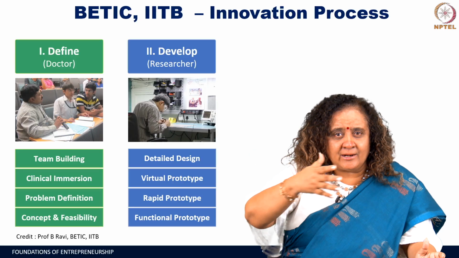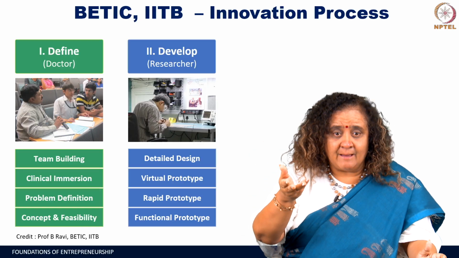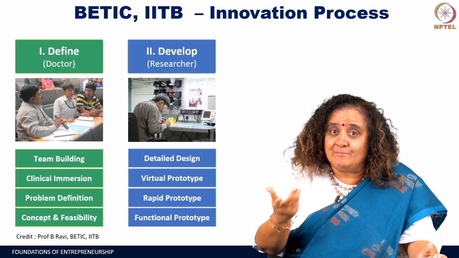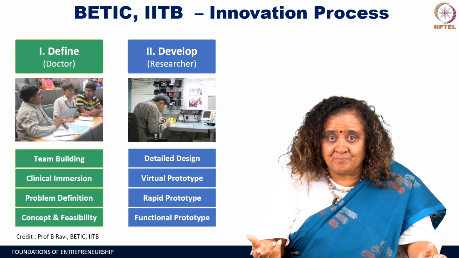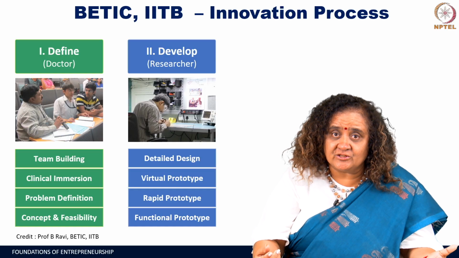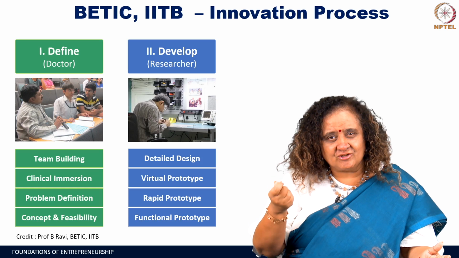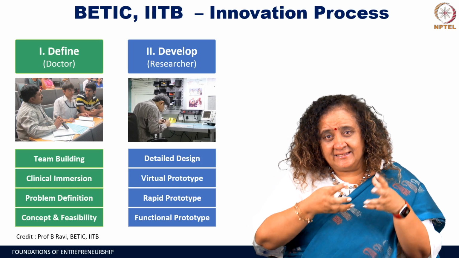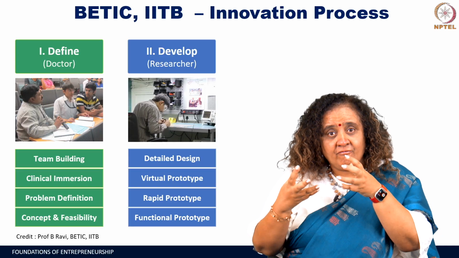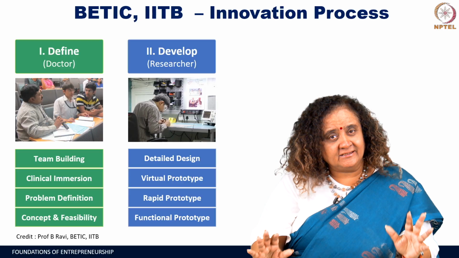It could be AutoCAD, which means it's a 3D model on a computer, or it could be a rapid prototype, which means that we make it on a foam board or 3D print it using a material which finally may not be the material at all, but it gives you an idea. It gives the researcher an idea that this indeed can be done technically, and in form it will look something like this and it will offer this functionality.